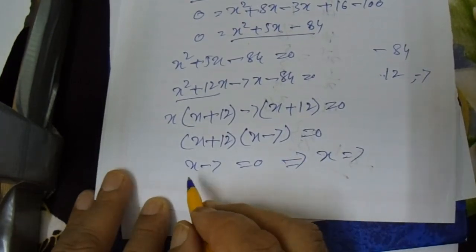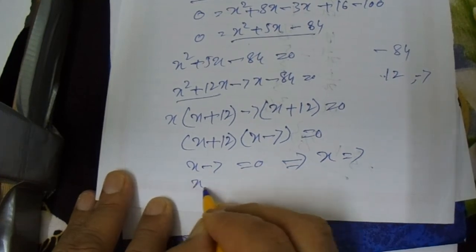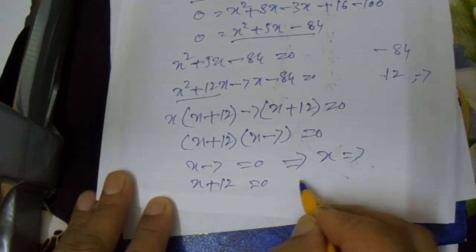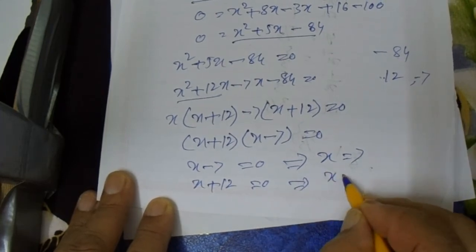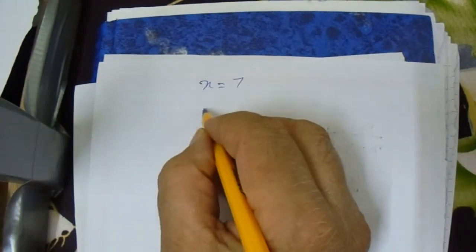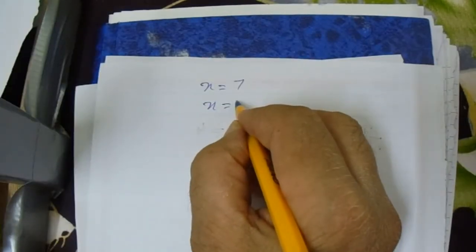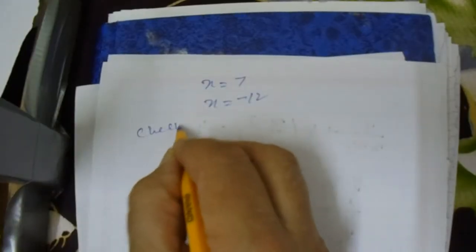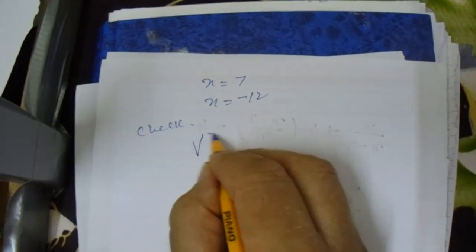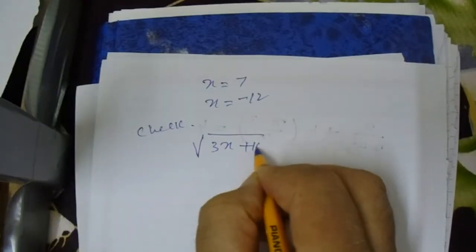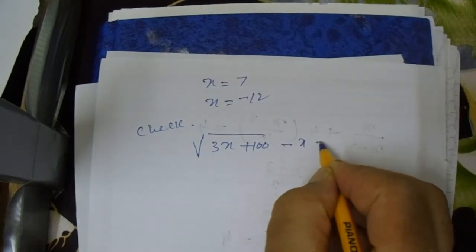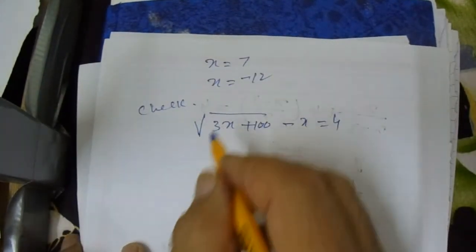And now x plus 12 is equal to 0, and here x is equal to minus 12. Now we have two roots, x is equal to 7 and x is equal to minus 12. Now we write the original equation, under root 3x plus 100 minus x is equal to 4. Now put the 7 value here.